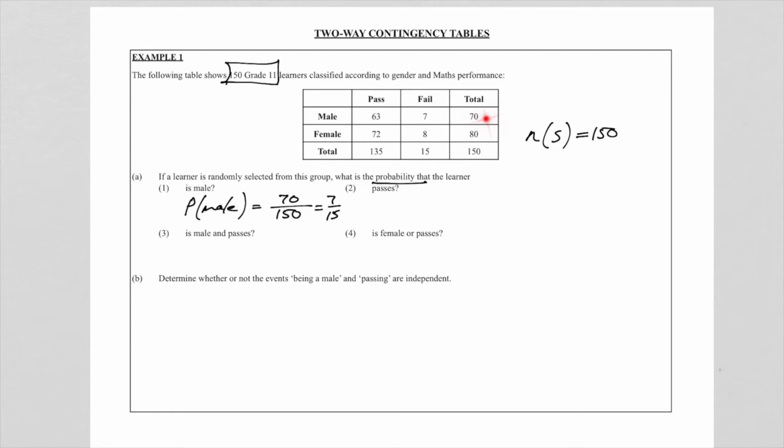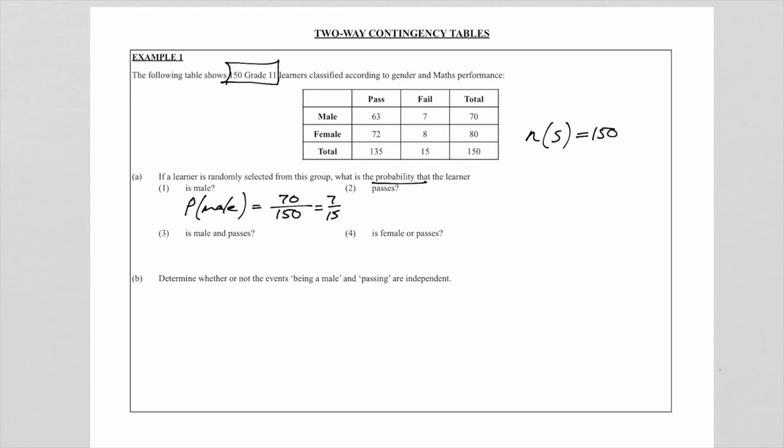In the second question, it's about pass. What is the probability that the learner passes? Now we need to look vertically at pass. That is the total number that pass, and that is over the sample space.